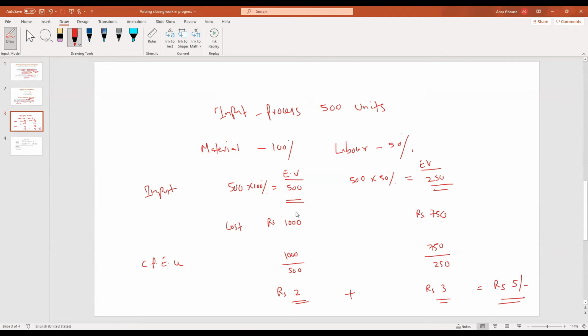This is how you calculate the cost per equivalent unit.